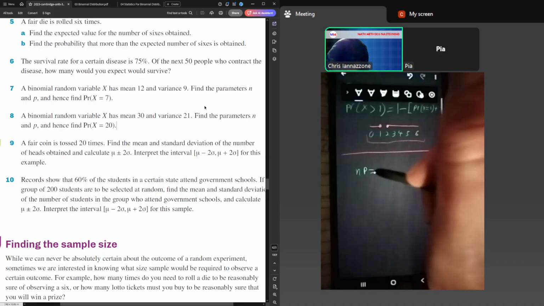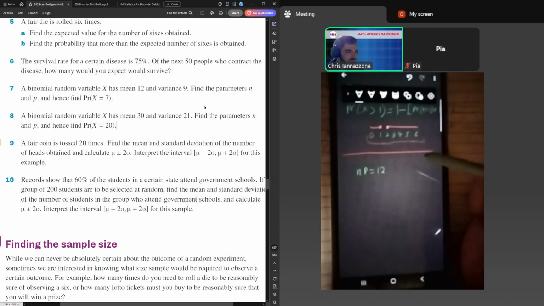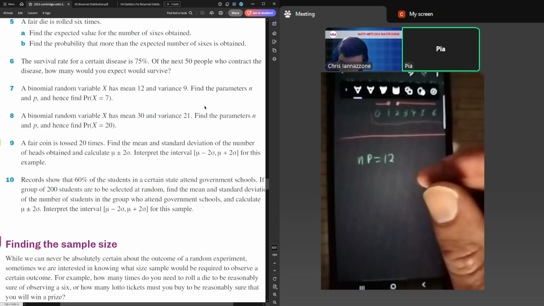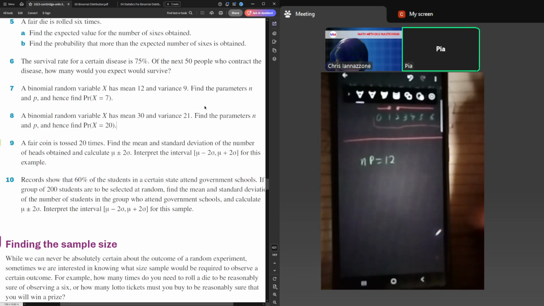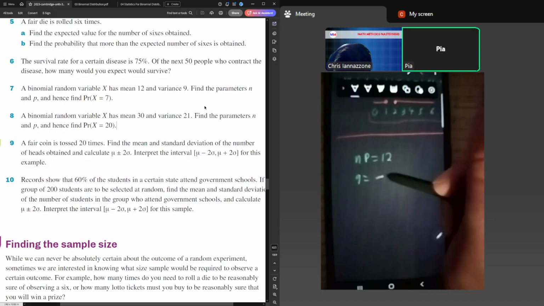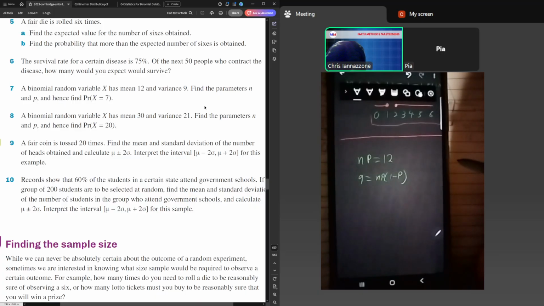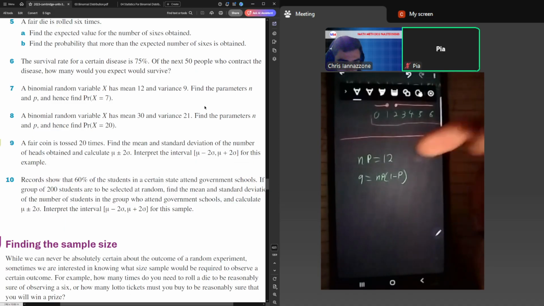Yeah, there we go. Mean equals np, so np must therefore equal 12. And the variance is 9, so could we go 9 equals np(1 minus p)? Exactly right. Now, this is just a simultaneous. We could do it if you wanted to, but I'm pretty sure you're fine with that.